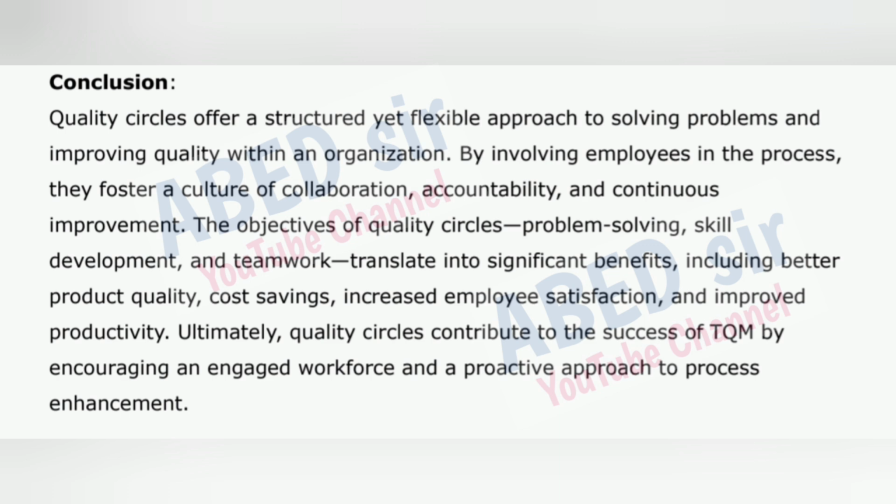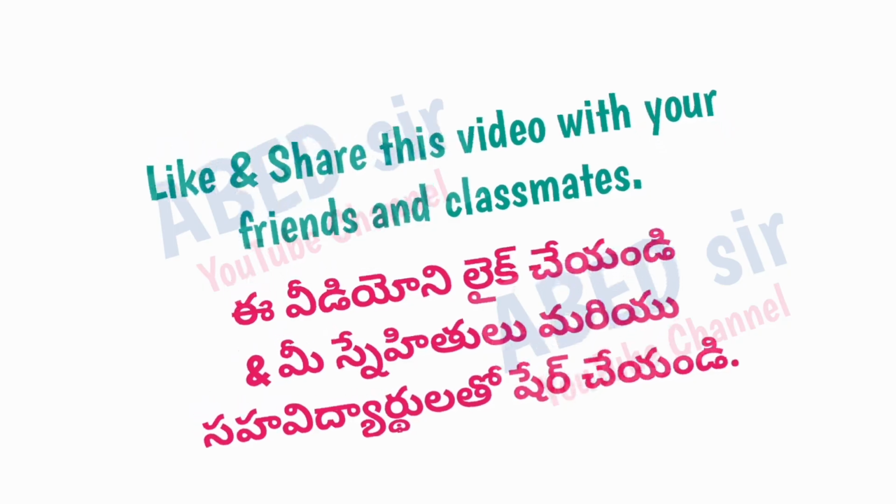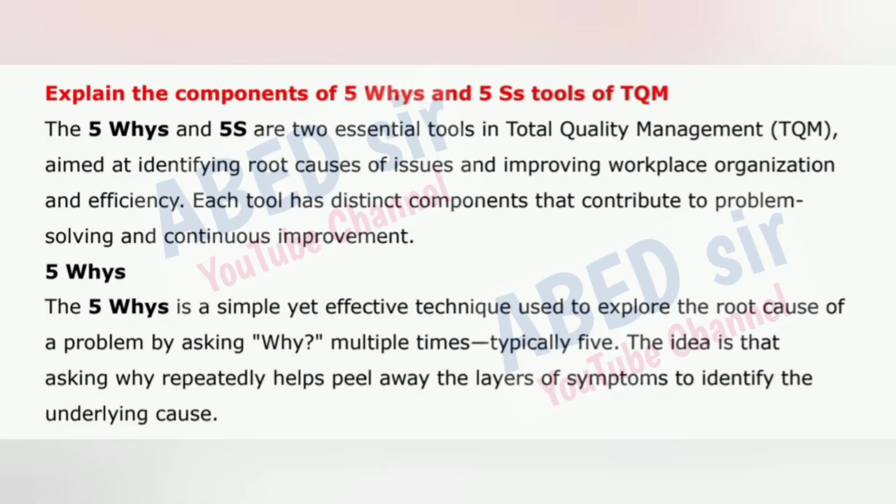The objectives of quality circles, problem-solving, skill development, and teamwork, translate into significant benefits, including better product quality, cost savings, increased employee satisfaction, and improved productivity. Ultimately, quality circles contribute to the success of TQM by encouraging an engaged workforce and a proactive approach to process enhancement. Next important long question is: explain the components of 5 Whys and 5 S's tools of TQM.